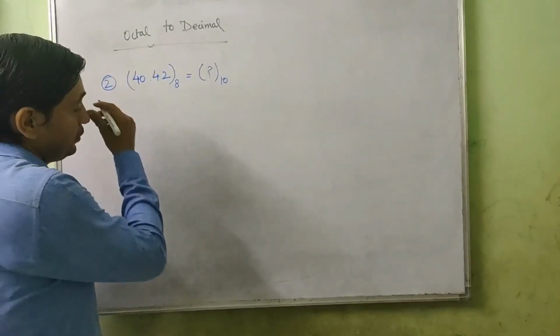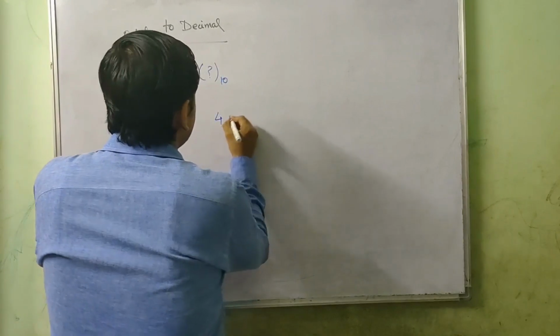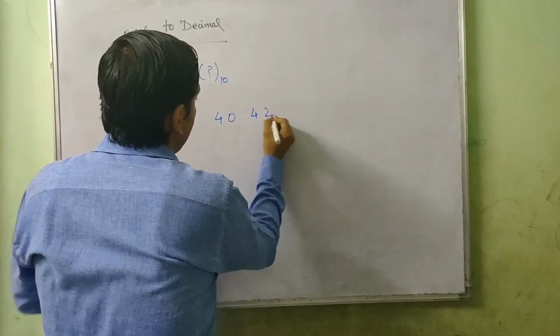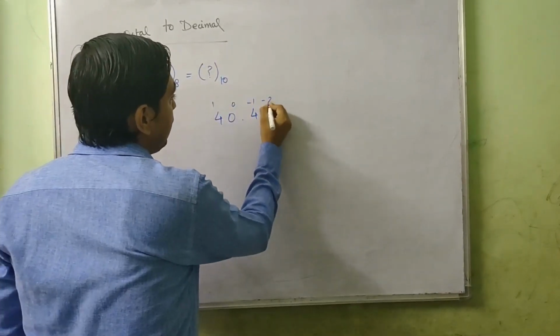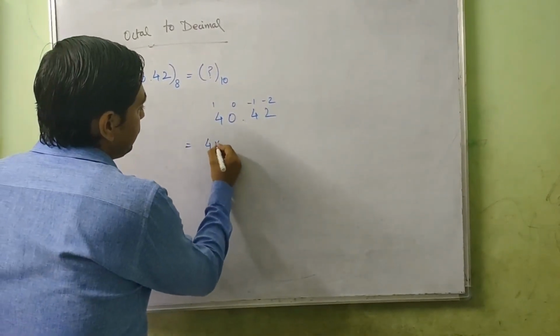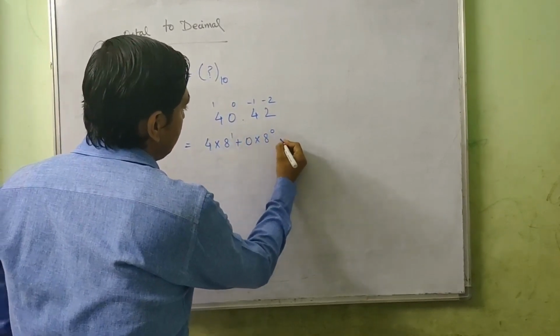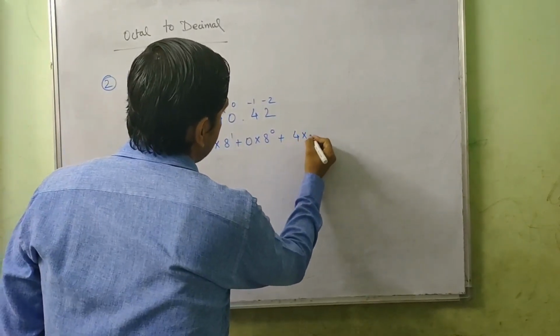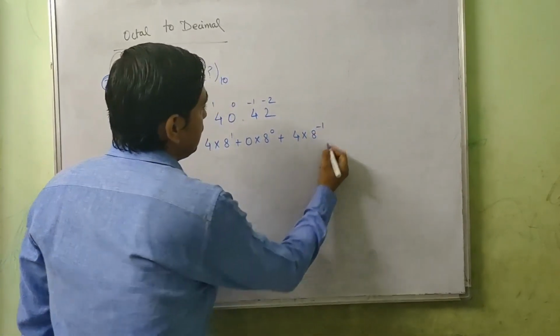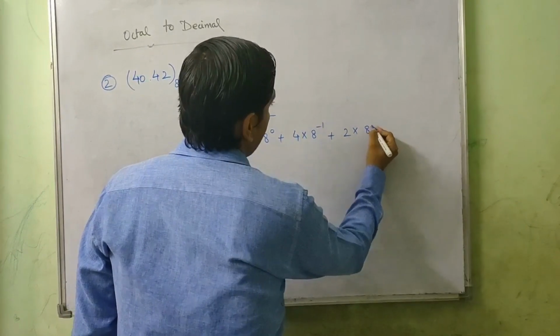Now 40 will be converted, and 42 will be converted with their powers: 1, 0, -1 and -2. So it will become 4 into 8 to the power 1 plus 0 into 8 to the power 0 plus 4 into 8 to the power -1 plus 2 into 8 to the power -2.